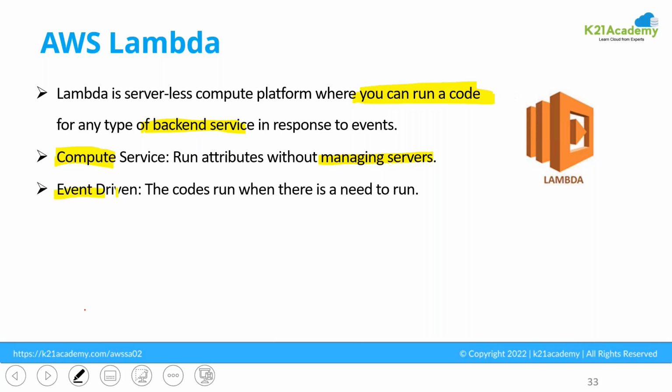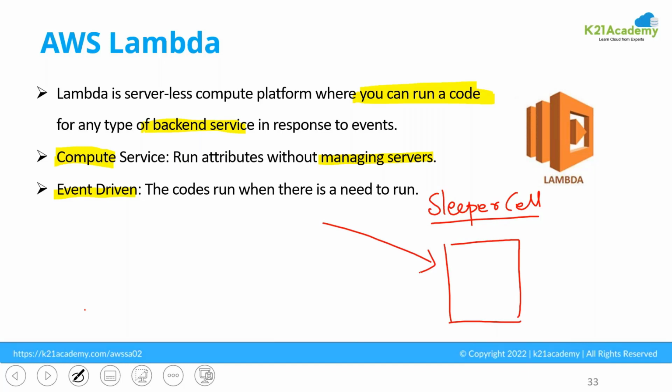And it is an event driven procedure. So it's like a sleeper cell. It keeps on sleeping till the time there is a command which comes to it. So when the command, that is the event, happens, that event will be a notification to the Lambda function that now you have to get executed.